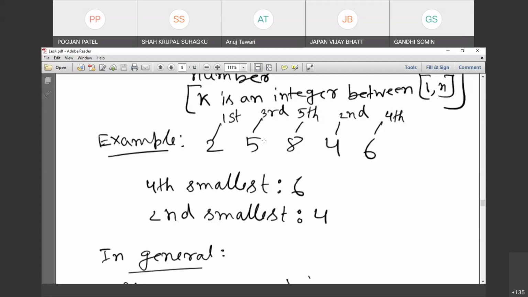Now I will compare 5 and 8. 5 is minimum, so I will discard 5 and keep 8 with me. And keep doing this, we can go through the whole array. At the last operation also, we will do the same thing. If we get the minimum one, we'll discard it and the other one will be our maximum term.